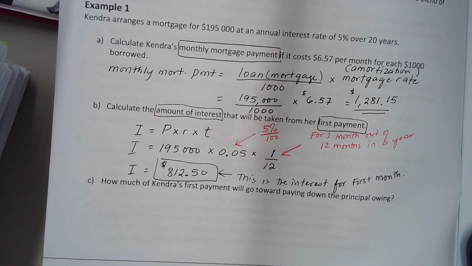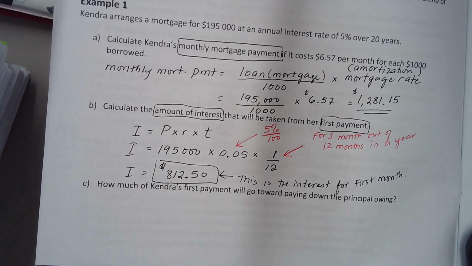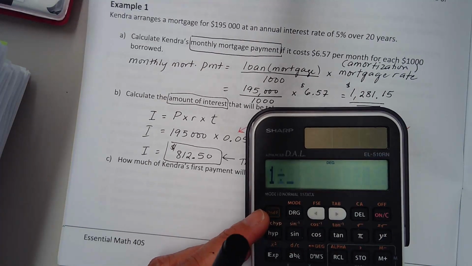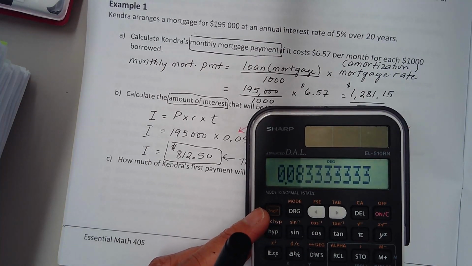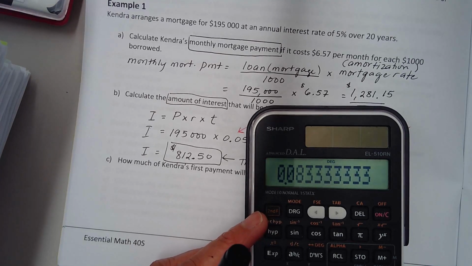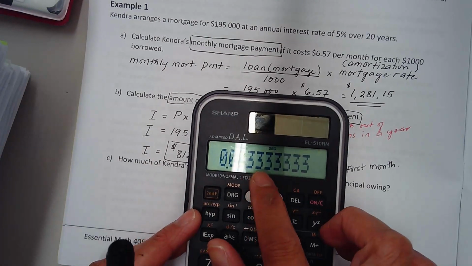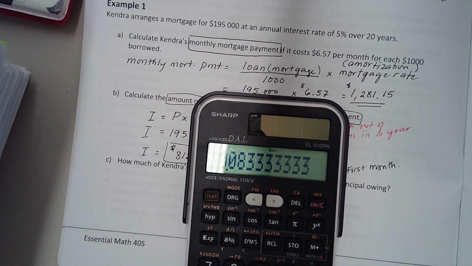Okay, so here's what we can do. This is a good question. When we go 1 divided by 12, it's going to be 0.083, and if we notice, the 3s keep going, right? So those extra 3s make a difference.